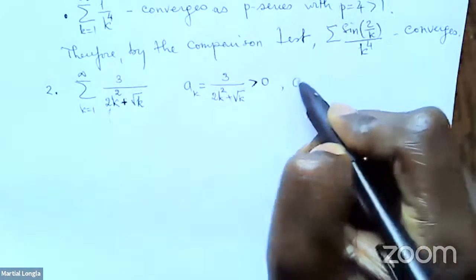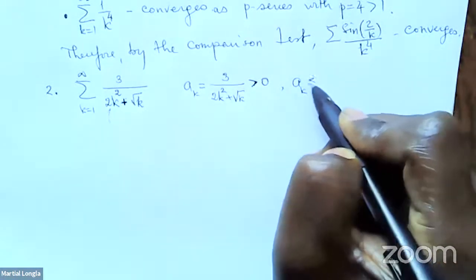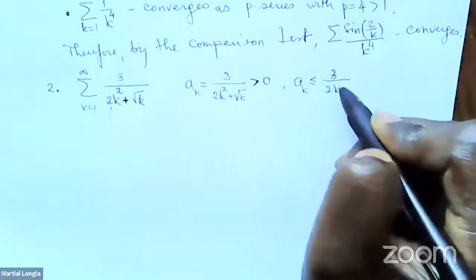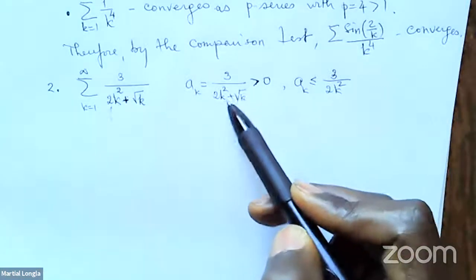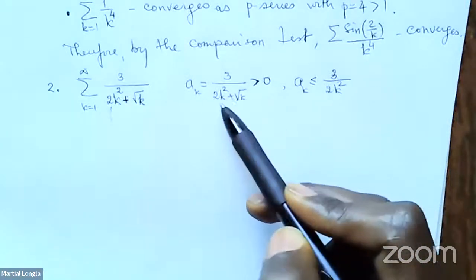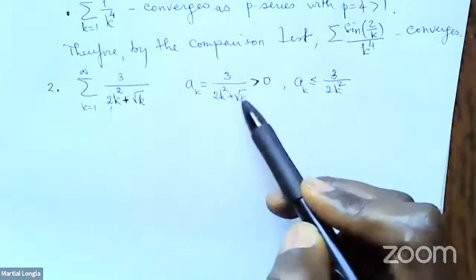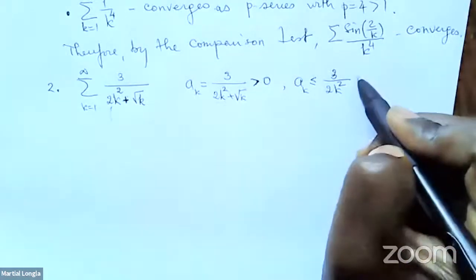So here, the good thing to see is that we can drop the square root of k. If we drop square root of k here, we get a number that is smaller, so the inverse is larger. Therefore, this is true.